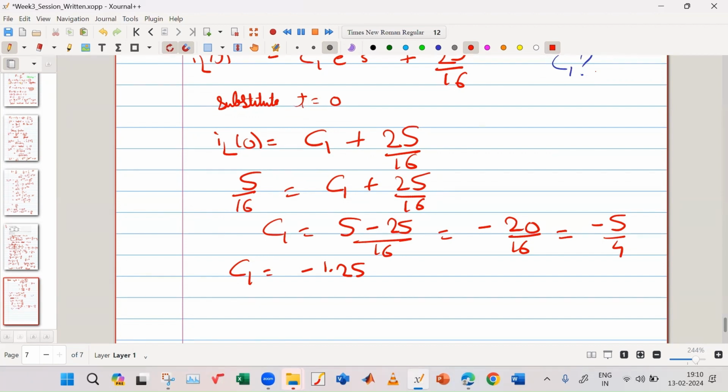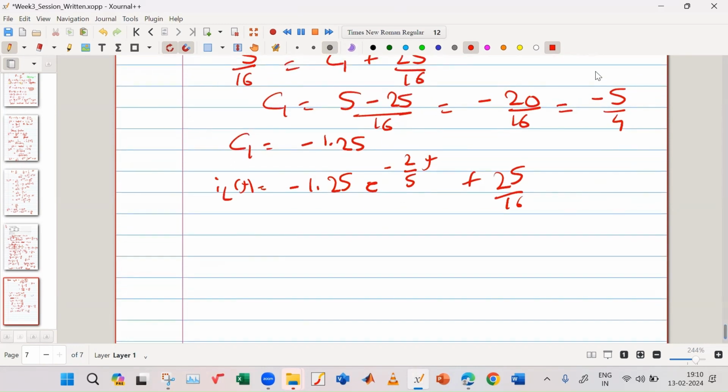Yes, sir. So now I've got C1. So my IL of t is effectively minus 1.25 e raised to minus 2 by 5 t plus 25 upon 16. So what is 25 by 16? 1.5625.